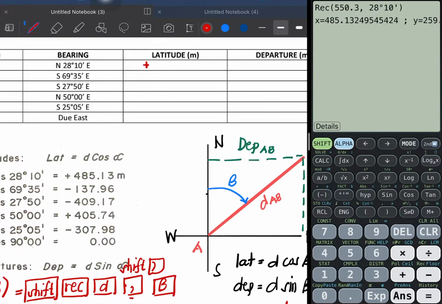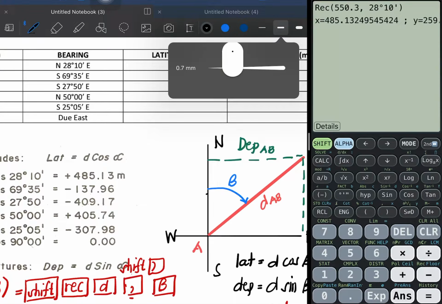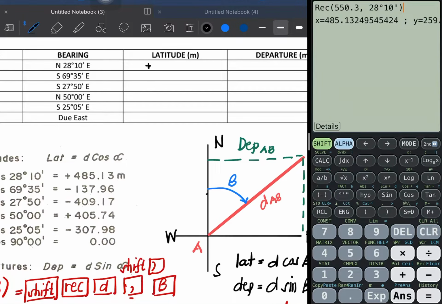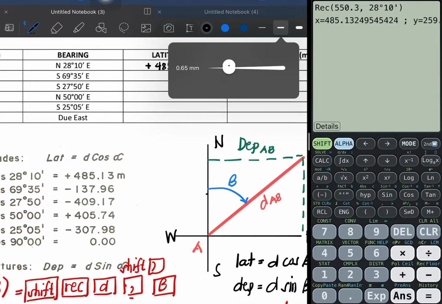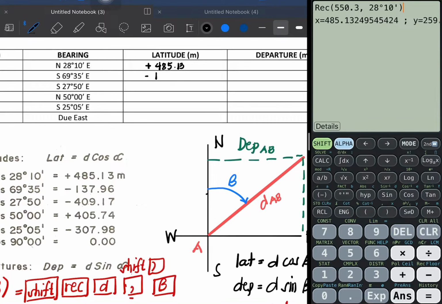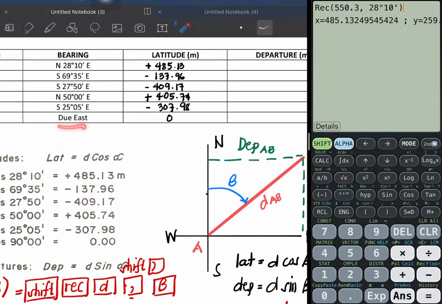Latitude: positive 485.13 meters, then negative 137.96, negative 409.17, then positive 405.74, negative 307.98, and then 0 for the last course.